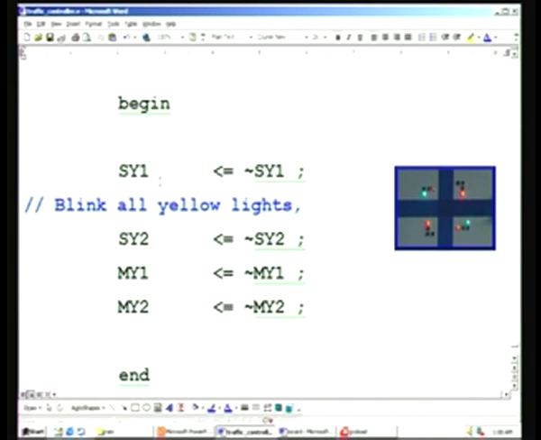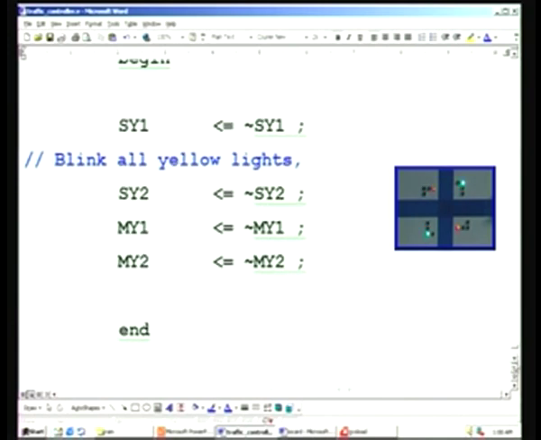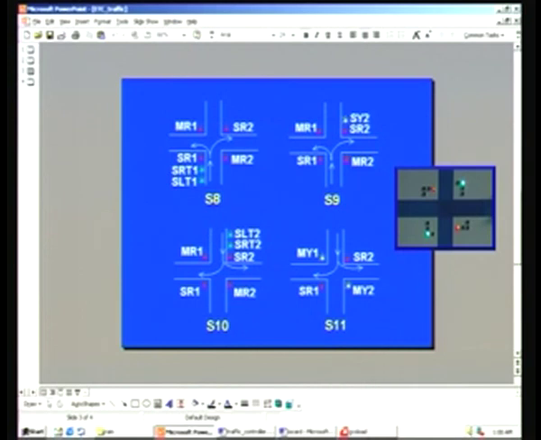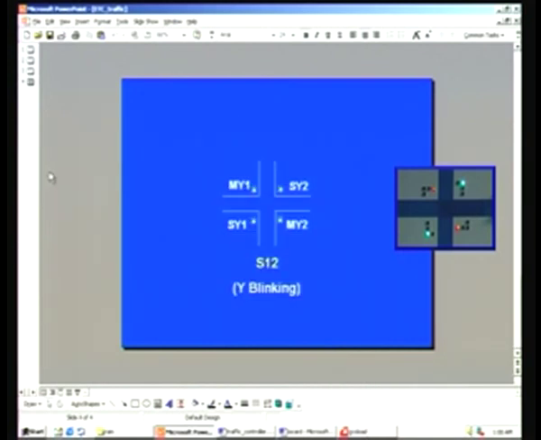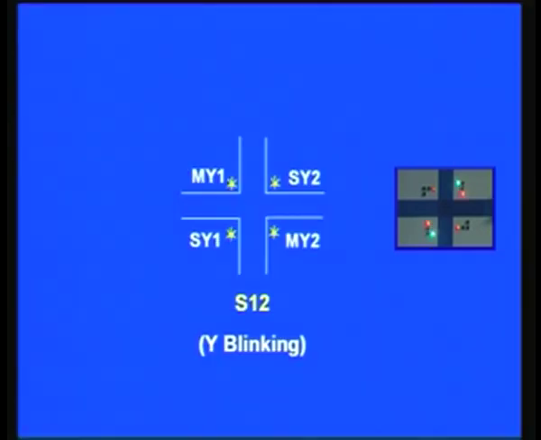We are inverting the SY all yellow lights condition so that it keeps on toggling. This is happening every 0.5 second. So you have 1 second time period or 1 hertz, and that is for all yellow, which you can see from the PowerPoint here. So you can see this here.